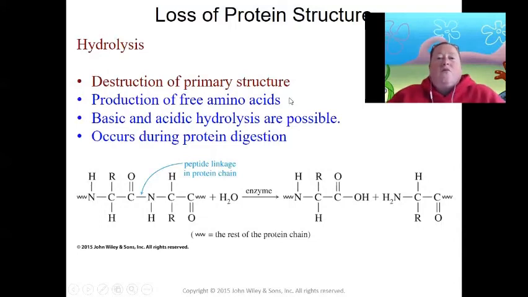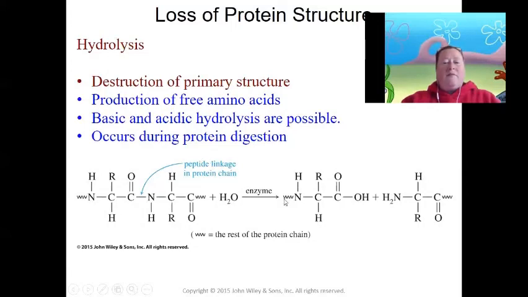This occurs when we eat our proteins, and our bodies will, under the right conditions, break up those peptide bonds. So we have lots of individual amino acids floating through our bloodstream, through our cells, to different parts of our body. So this produces free amino acids.